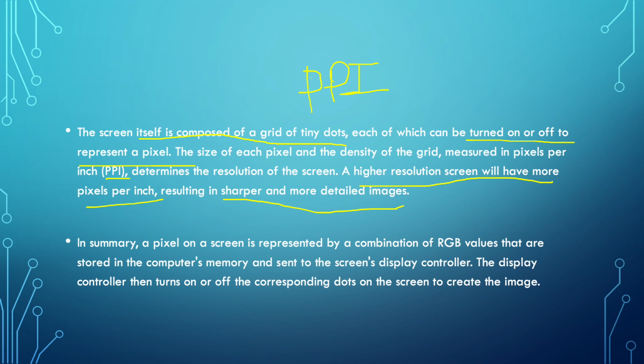In summary, a pixel on a screen is represented by a combination of RGB values that are stored in the computer's memory and sent to the screen's display controller. The display controller then turns the dots on the screen on or off to create the images.